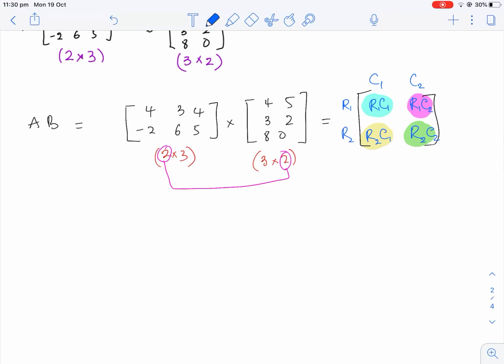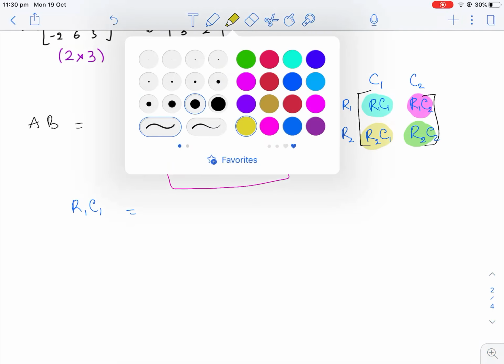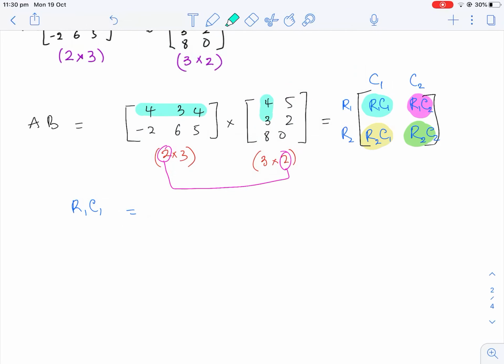Now, first, row 1 times column 1. What is the value of row 1 times column 1? It means that it's equal to row 1 of matrix A times column 1 of matrix B. So it's going to equal just row 1 of this one times column 1 of this one.